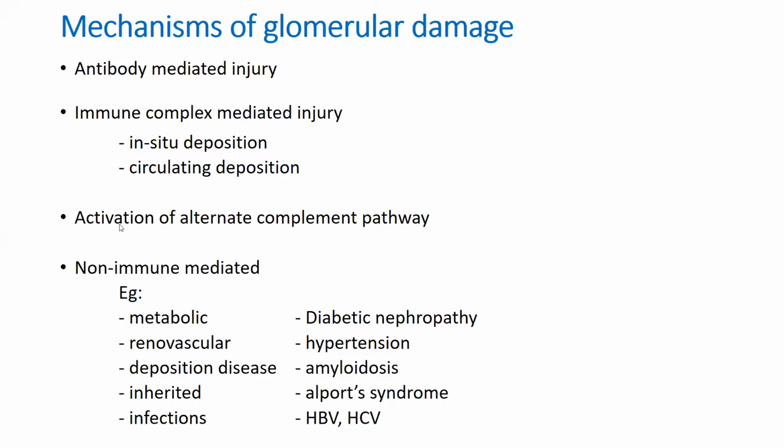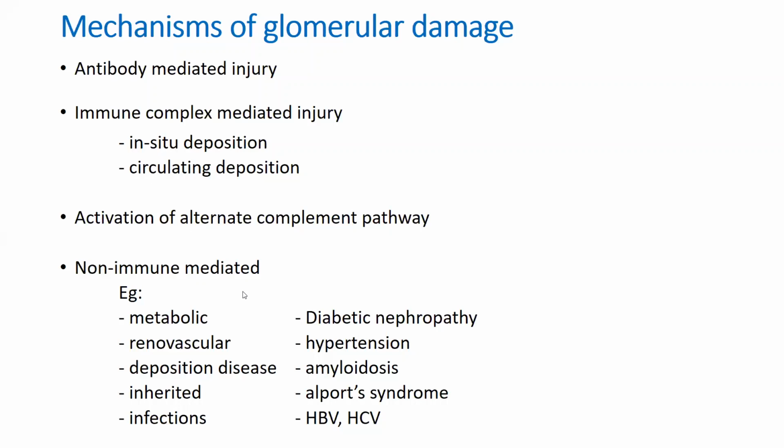And the other way is through activation of the alternate complement pathway. So whether it's an antibody or whether it's an immune complex, when it goes and deposits in the glomerulus, sometimes it activates this alternate complement pathway. So for example, conditions like hemolytic uremic syndrome, which you will learn later, is one of those conditions where the alternate complement pathway is activated.